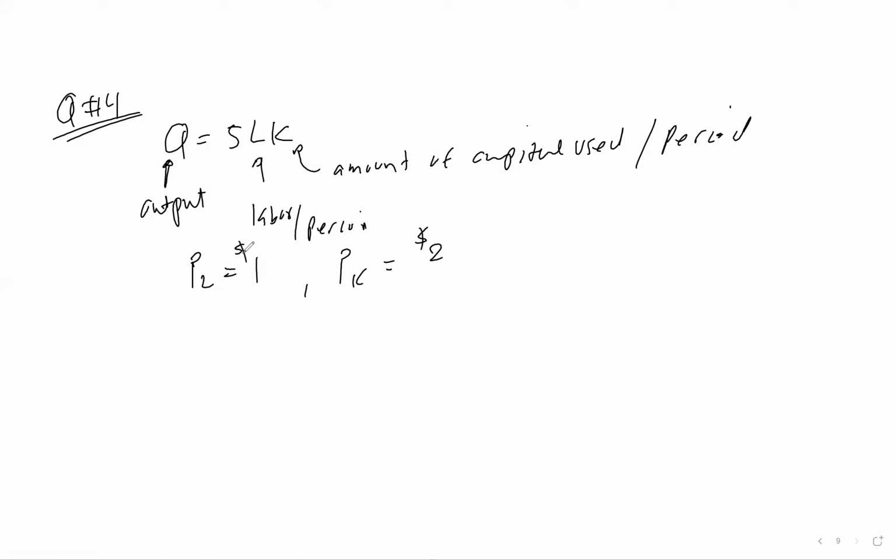These are the prices of labor and capital per unit. The firm's vice president for manufacturing hires you to determine which combination of inputs the plant should use to produce 20 units of output.